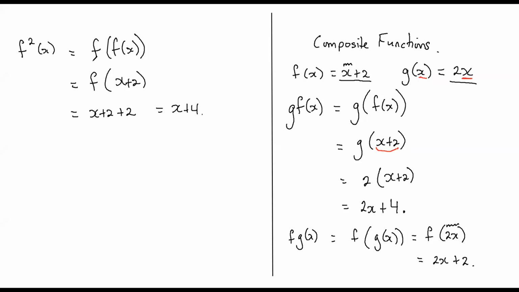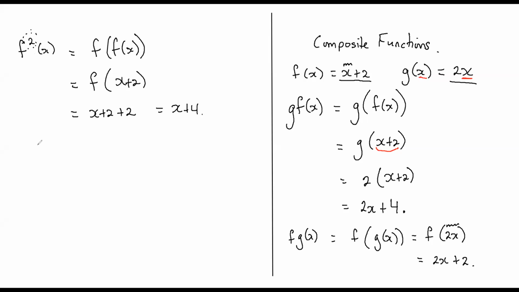So I don't want us to get confused. This here, even though we may see f squared, it's not f squared, it's really f of f. So when it comes to functions, if we see this, it's actually that we're putting the function into itself.